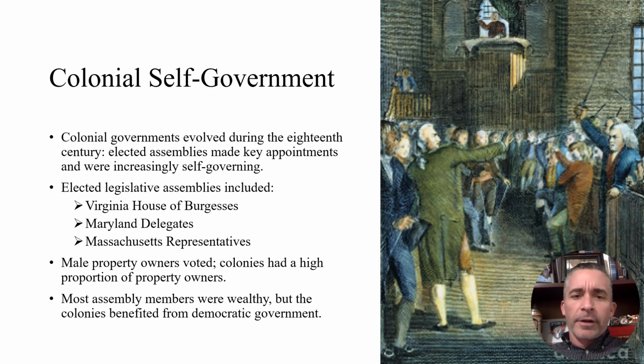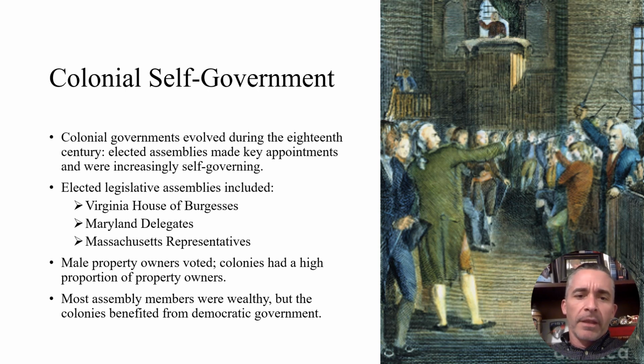They elected their own assemblies. Their assemblies could make appointments. They were increasingly self-governed, and this became a habit and what they believed was a sacred right. So in Virginia, the assembly was the House of Burgesses. In Maryland, it was the delegates.